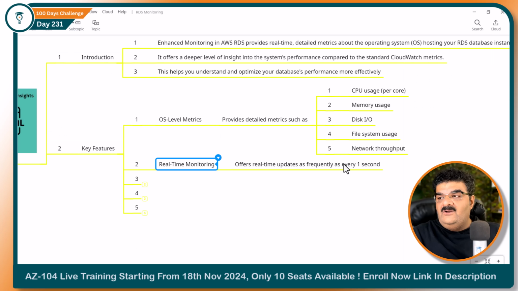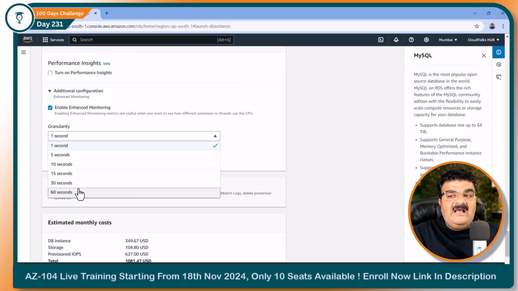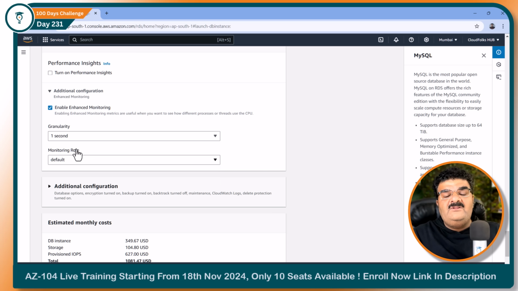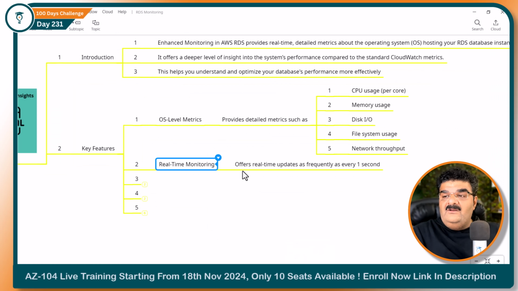Now I will get the whole set of metrics related to the operating system of my database, and here I can set up the frequency. I want that at every 1 second interval, all these metrics will be updated. So you can set up a 1 second timer over there, which provides you almost real-time monitoring.